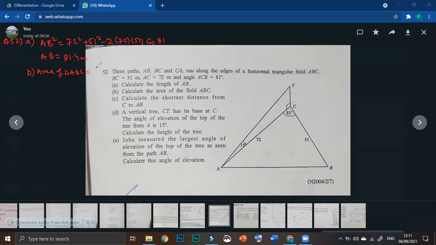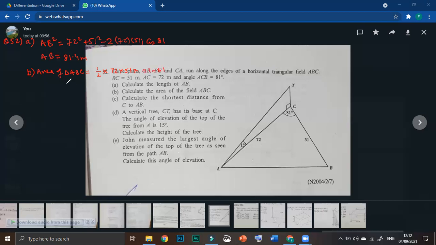You have learned a new formula to find out the area of the triangle. Sir, one over 2 into 72 into 51 into sine 81.